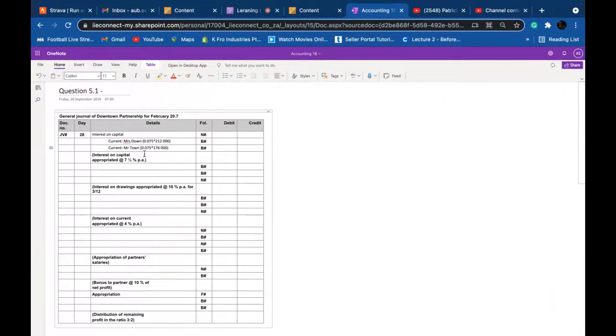If you work that out, here you'll find an amount of 15,900, and here an amount of 13,200. So obviously interest on capital is going to be the addition of both of those.